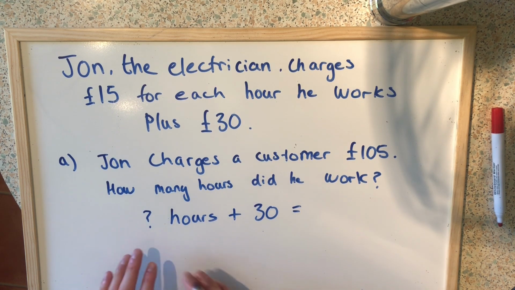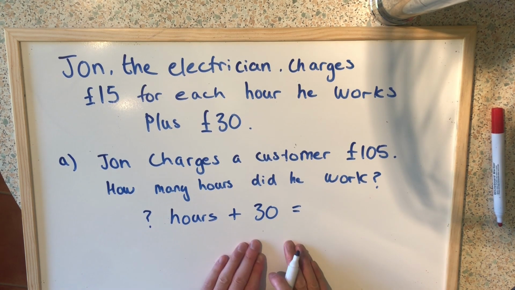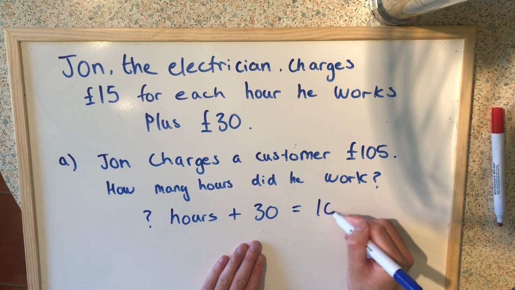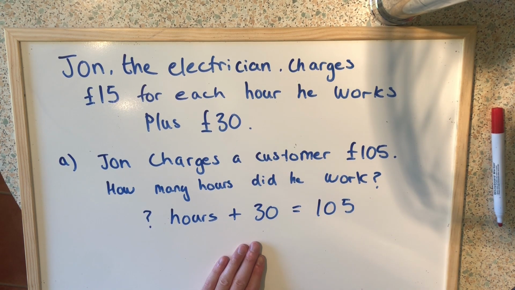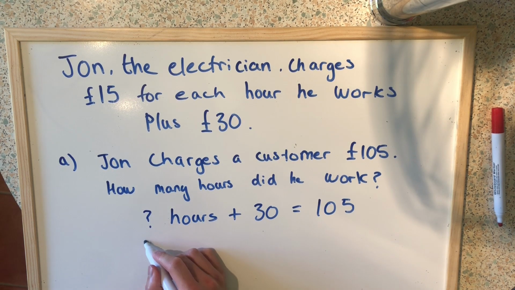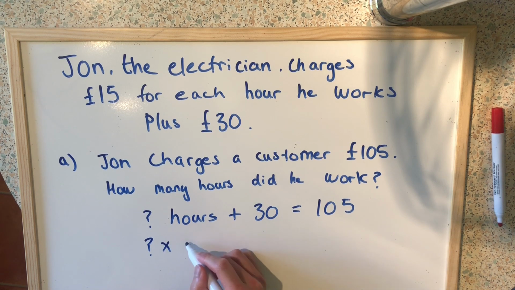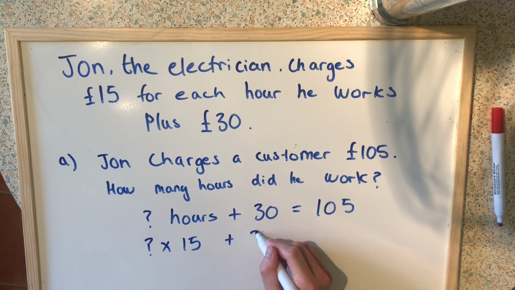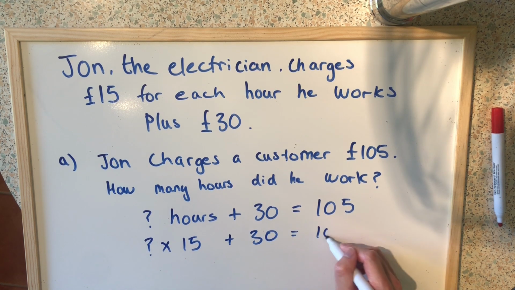So he charges some amount of hours of work plus 30, which is 105. Okay? And we know for each hour he charges £15. So this would be some number times by 15 plus 30 is equal to 105.